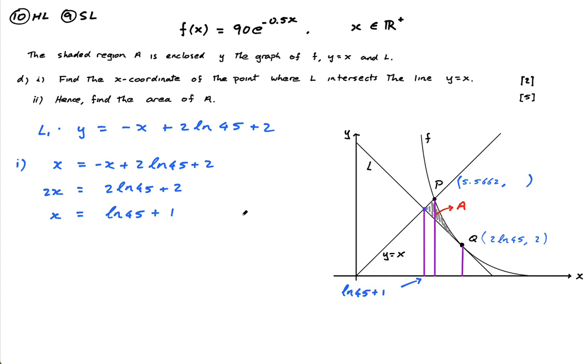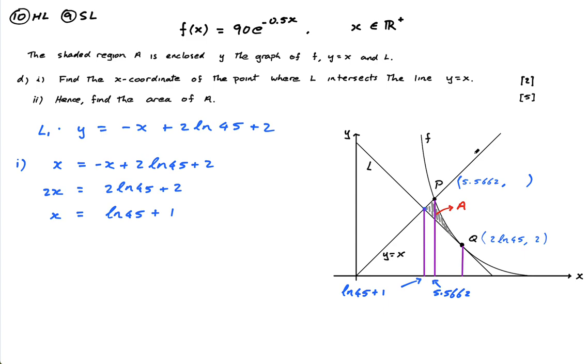You can get this to a decimal place if you want, but there's no need. This guy, P, is 5.5662. So these are the x coordinates, which are going to be important because they're going to be the limits in my integrals. And this guy's x coordinate is obviously just 2 ln of 45.